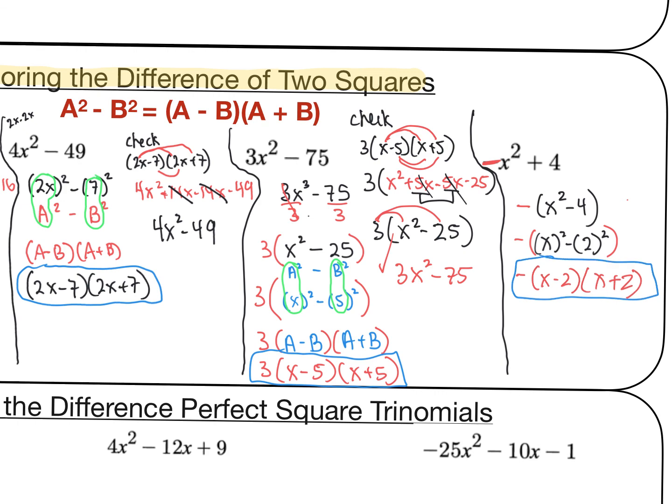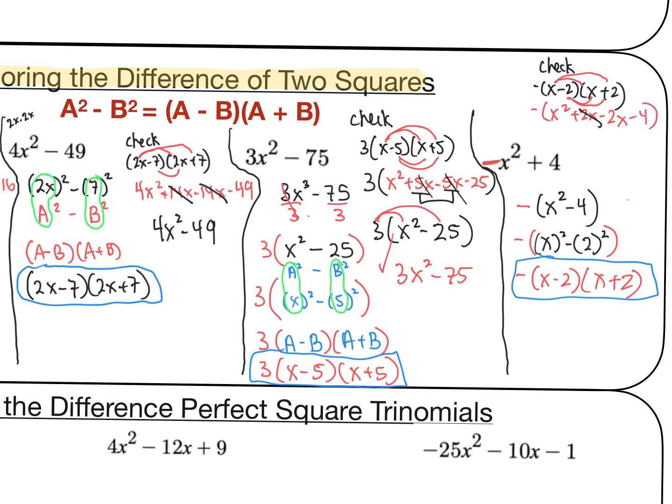And like I said before, let's check it out and see if it works. So I have a negative times x minus 2 times x plus 2. The first thing we want to do is FOIL. So bringing all this down, x squared plus 2x minus 2x and minus 4.